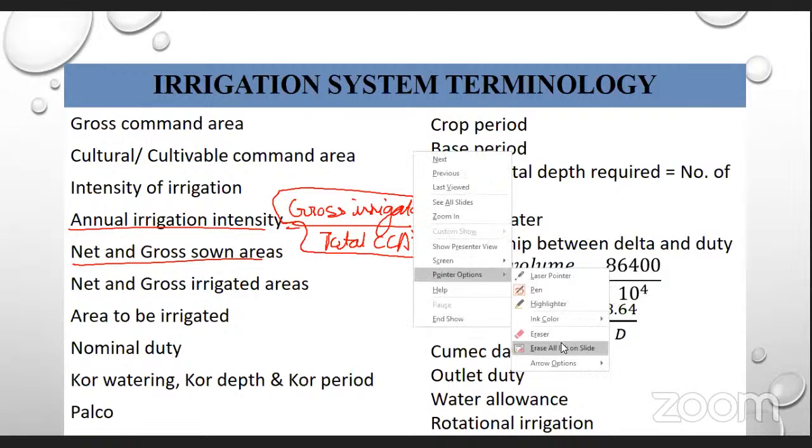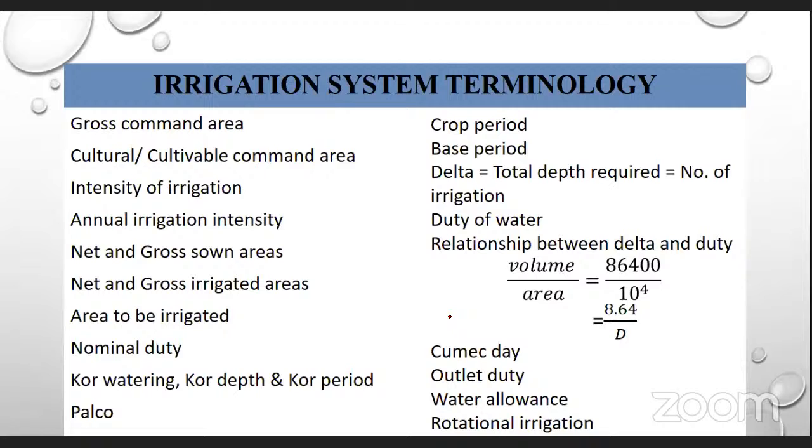Then we have the net and gross sown area. Suppose we are taking two crops that are grown annually on a certain area. If this area is counted as sown only once, it is called the net area sown. If we count it for each crop, what we get is called the gross sown area or the total cropped area.